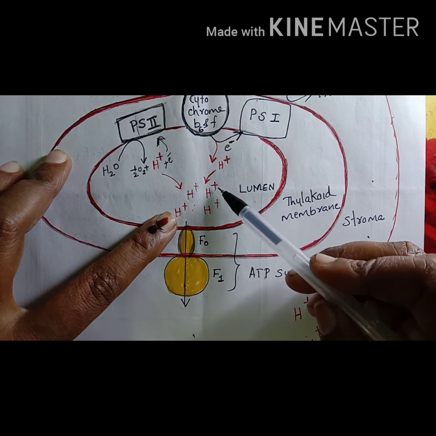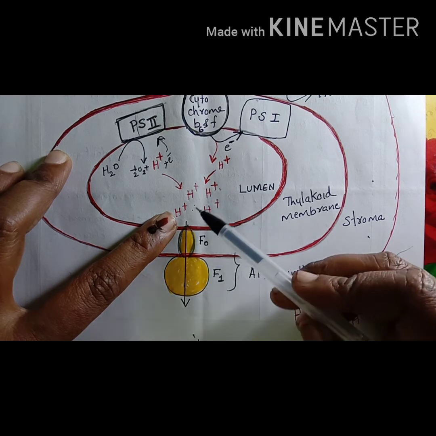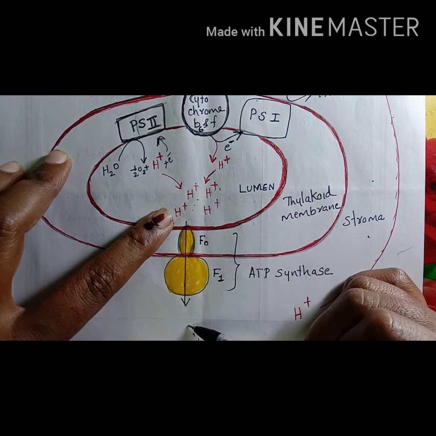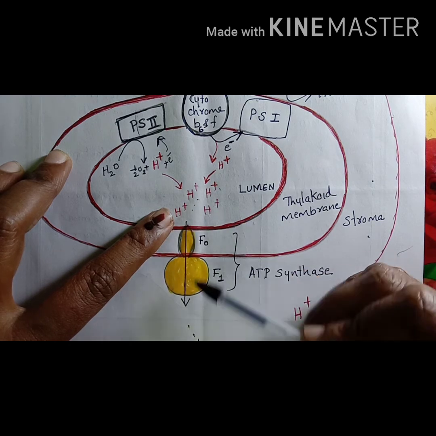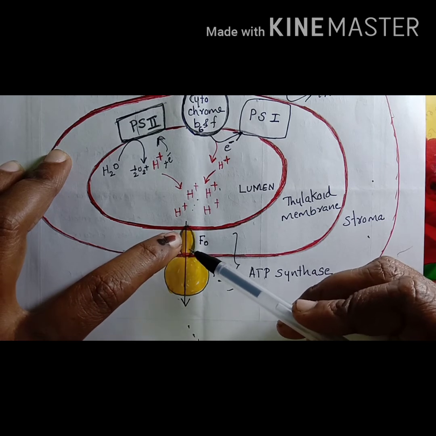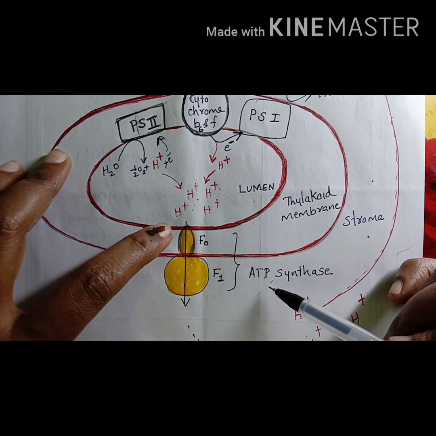From the higher concentrated area, the protons begin to move to the lower concentrated area. And it occurs through a special membrane protein here, which acts as the channel, ATPase or ATP synthase.